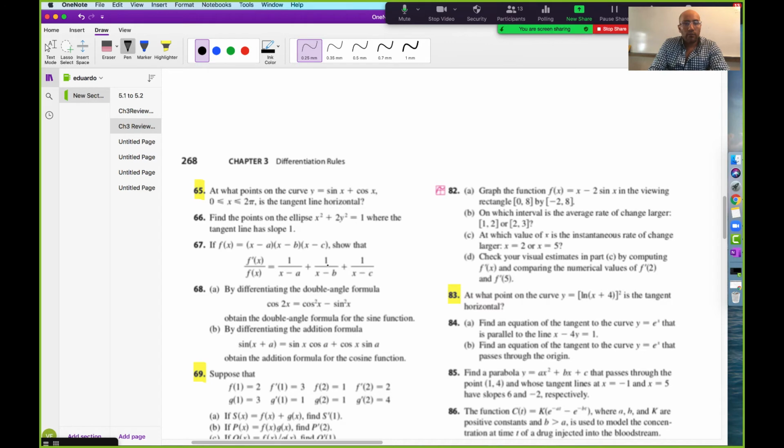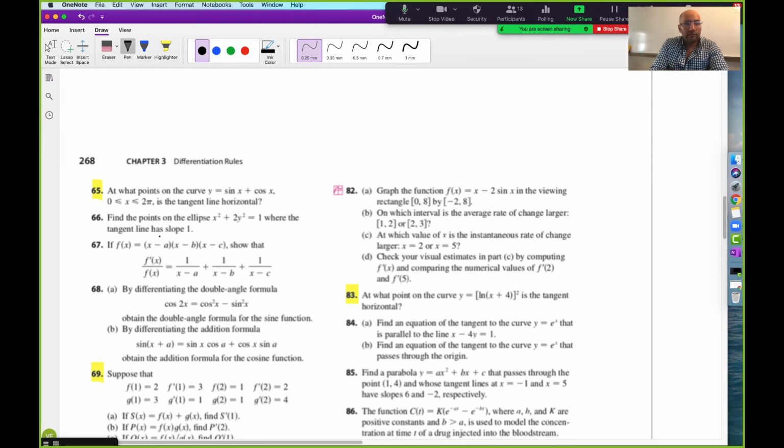At what point on the curve y equals sine x cosine x is the tangent line horizontal? Okay, that should be easy, right? Number 65. At what point on this curve, so this is some function, is the tangent line horizontal?